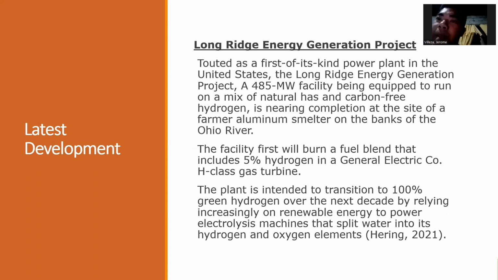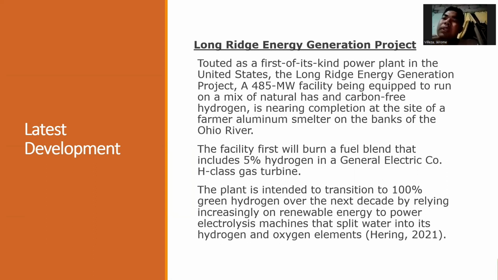Latest development, the Long Ridge Energy Generation Project, touted as a first of its kind power plant in the United States. A 485 megawatt facility being equipped to run a mix of natural gas and carbon-free hydrogen is nearing completion at the site of a former aluminum smelter on the banks of the Ohio River.